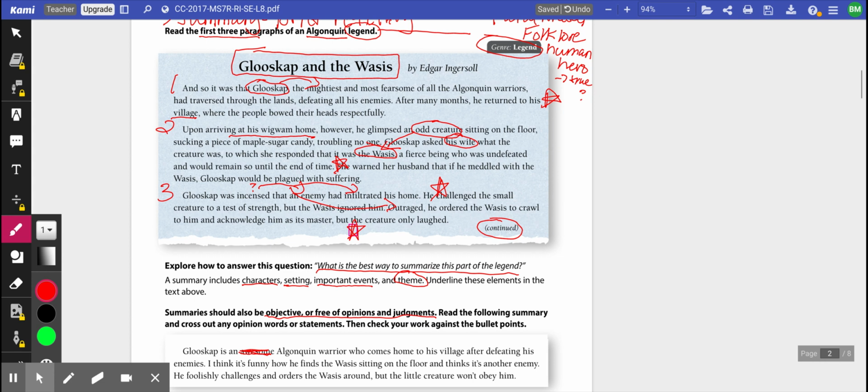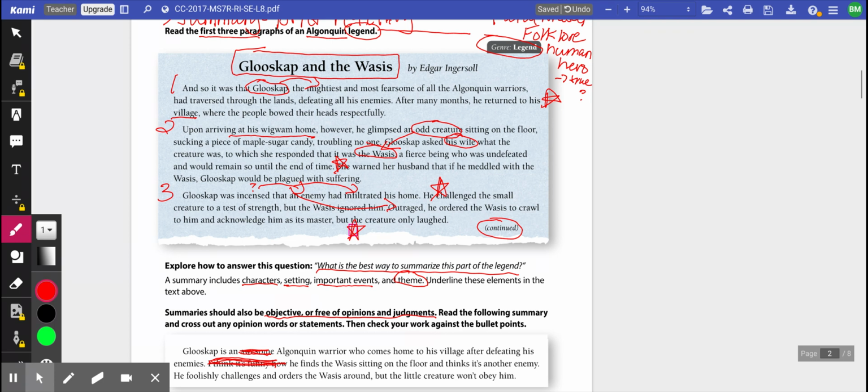So we can't say that. We also don't want to say, I think it's funny. I know you think it because guess who's doing the writing? You are. So is there any reason to say the words I think? Nope, because if you couldn't think it, you couldn't write it. It also tells your reader that you're giving an opinion, which we don't want. So we want to make sure we don't say that.